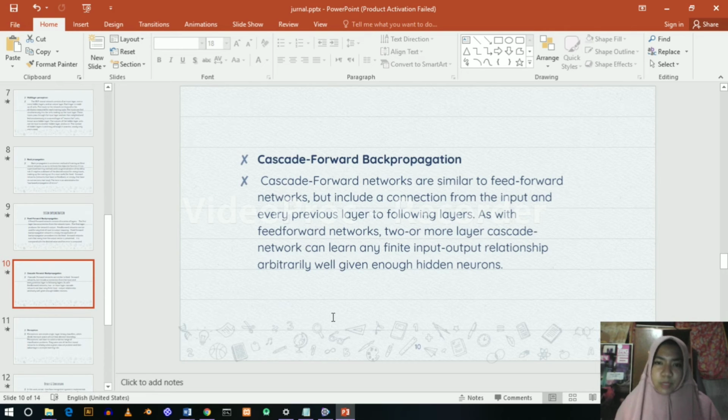Next, cascade forward backpropagation. Cascade forward networks are similar to feed-forward networks, but require a connection from the input and every previous layer to following layers. As with feed-forward networks, a two or more layer cascade network can learn any finite input-output relationship arbitrarily well given enough hidden neurons.